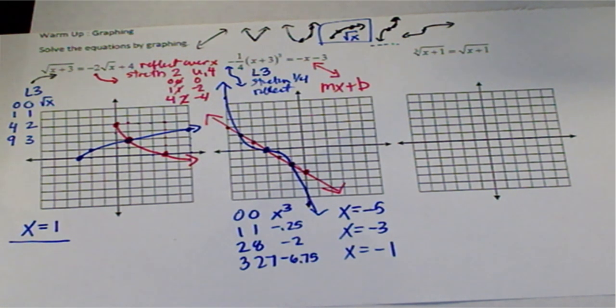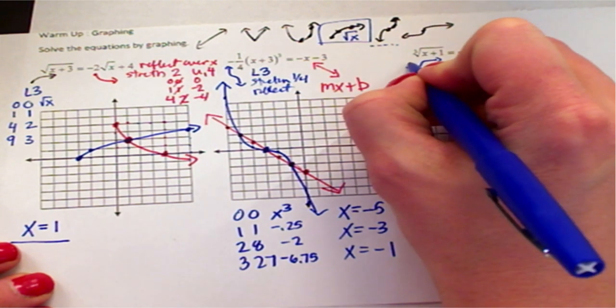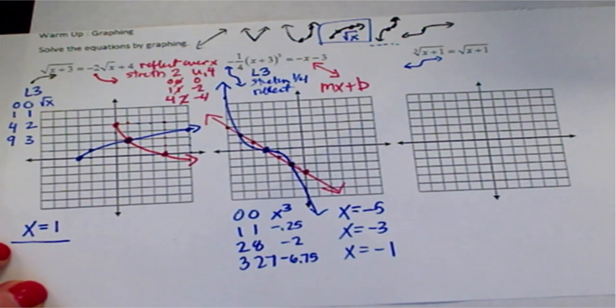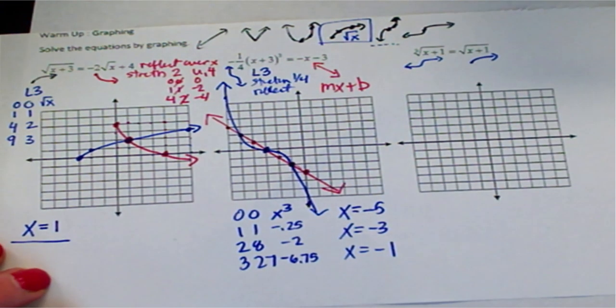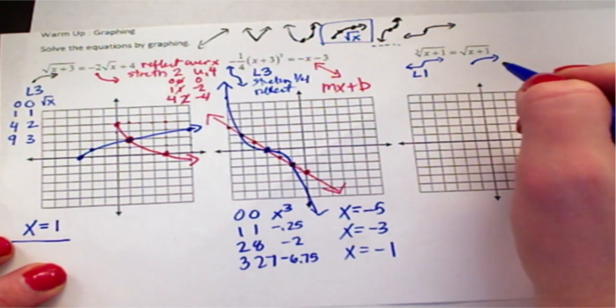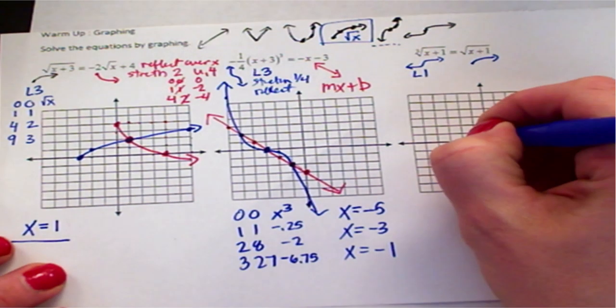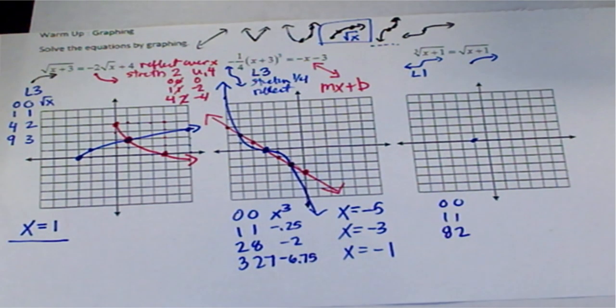Okay. Last one. I've got a cube root. Notice the first thing I'm doing is I'm picking my shape. Okay? So this is left 1, and that's it. So left 1. So my counts don't change.